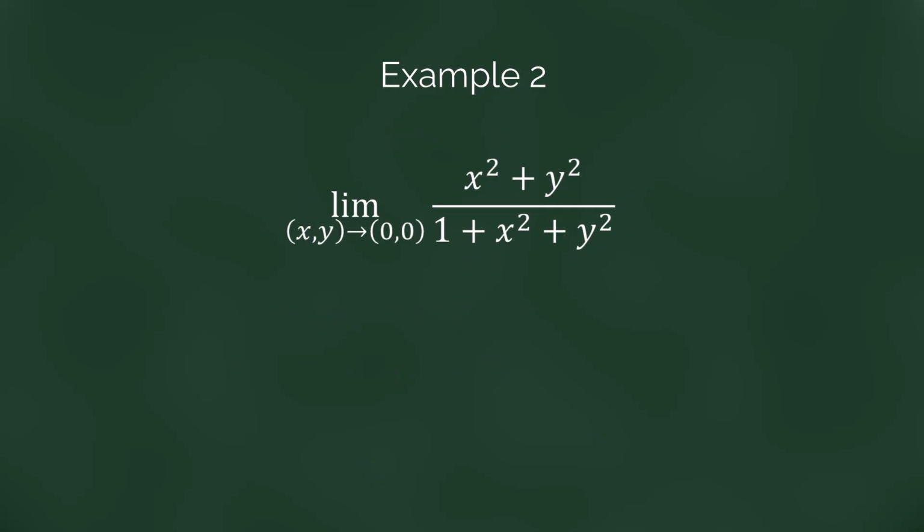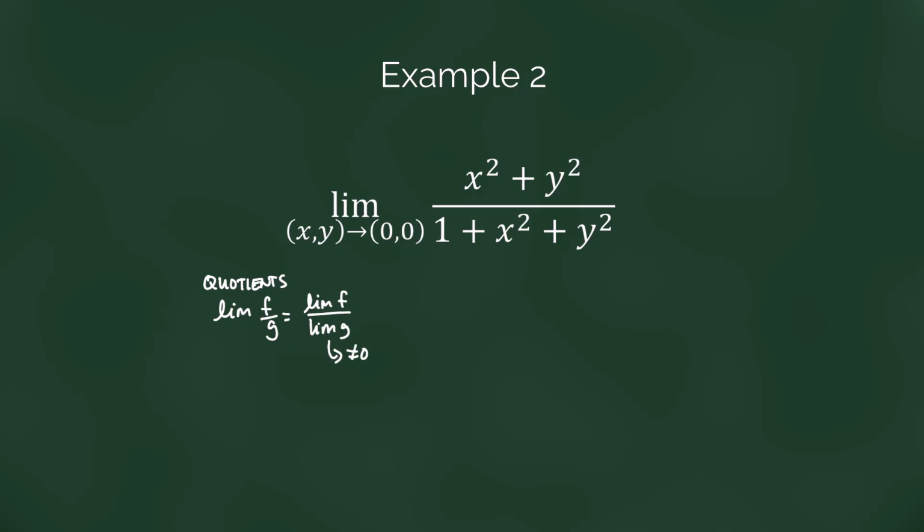In our next example, we see that we've got a quotient, and we're approaching (0, 0). We want to see what this limit is. We know that we can use the limit law about quotients, which tells us that the limit of f over g is going to equal the limit of f over the limit of g, as long as this denominator is not 0.